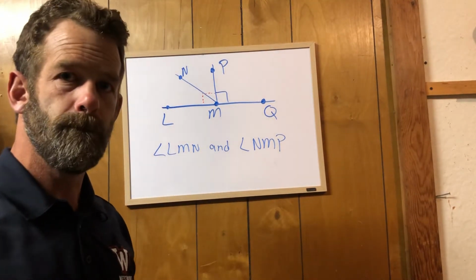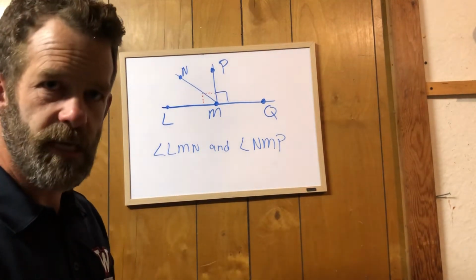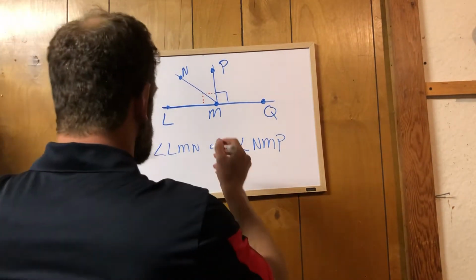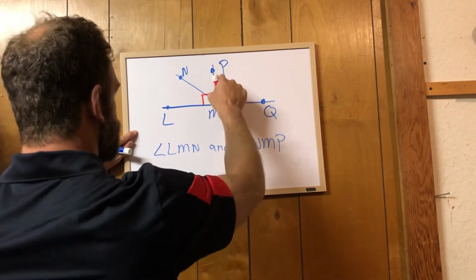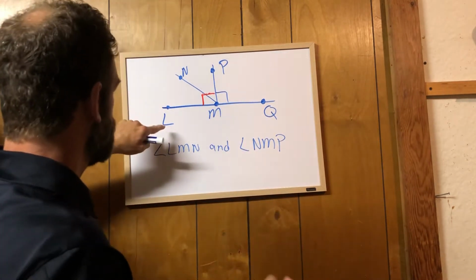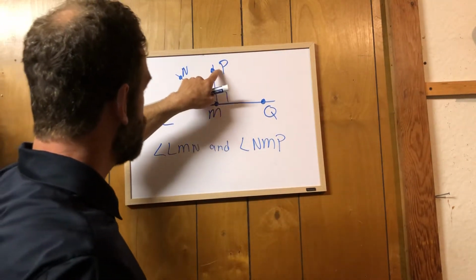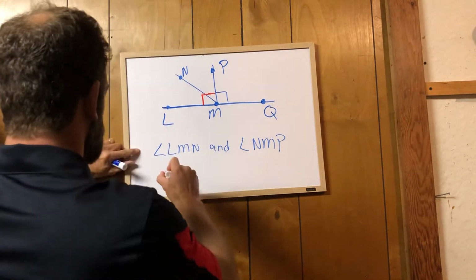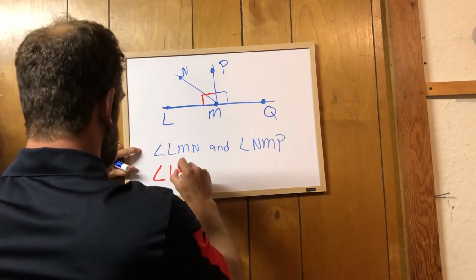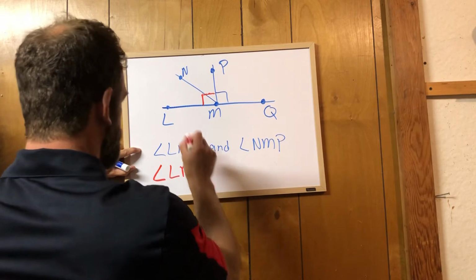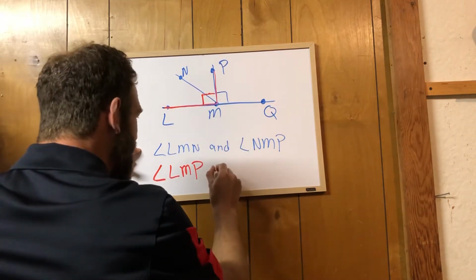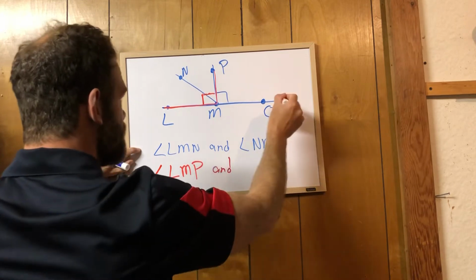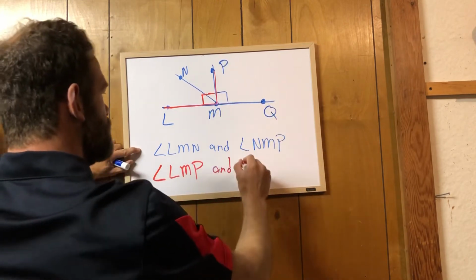Think about it. All right, so if you paused it and checked it out, you should have seen that this angle, which is LMP, and you can also call this angle PML, so I'm going to say angle LMP, this angle right here, and this angle right here, which is angle QMP.